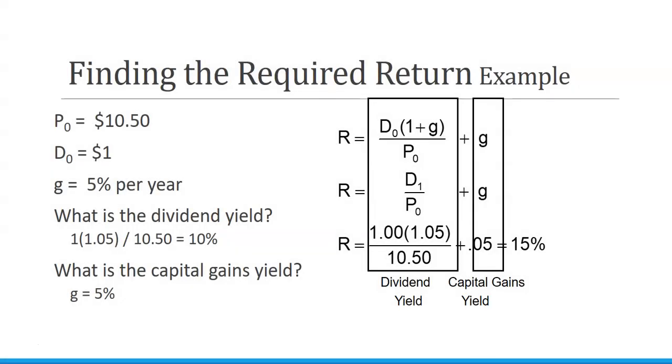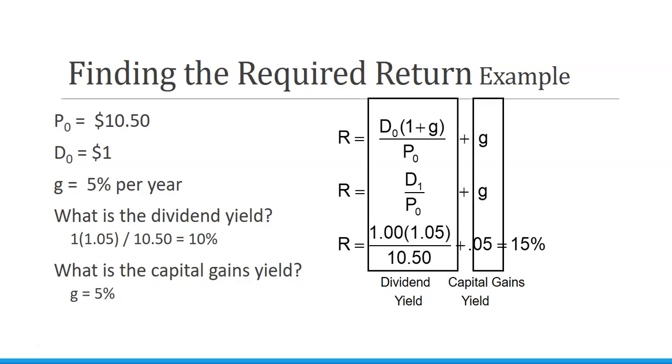We can also look at the dividend yield. So what is our dividend yield? Our dividend yield is 10%. So 1 times 1.05 divided by 10.50. So dividend divided by price equals our dividend yield, which is 10%.